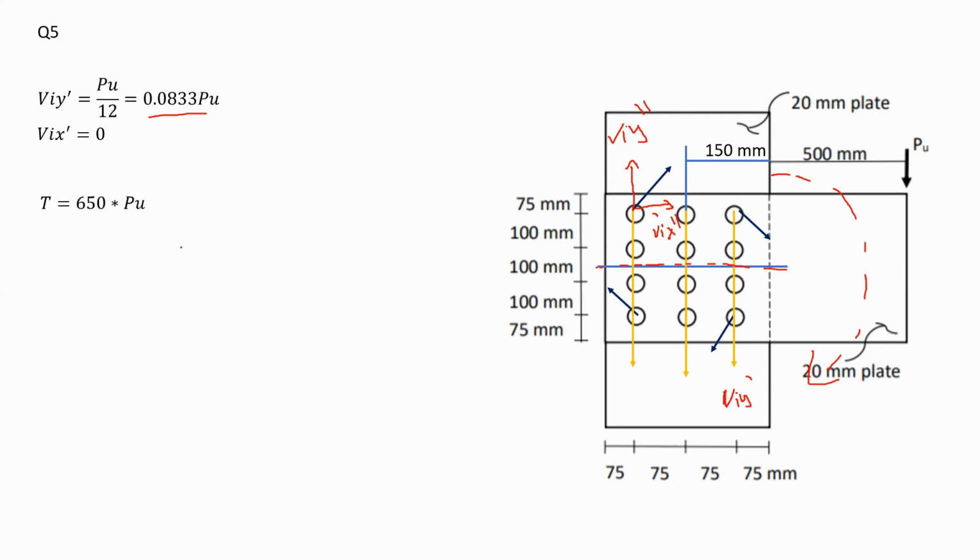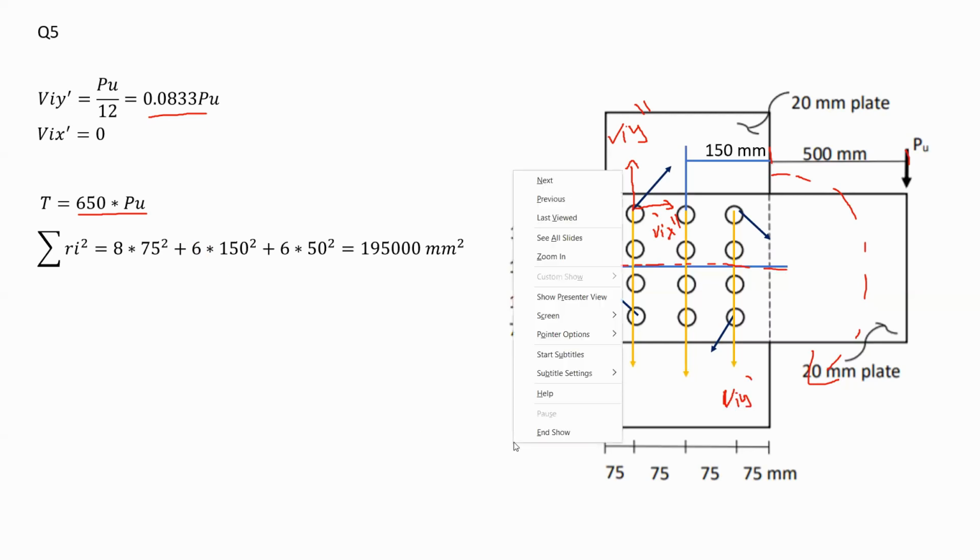T is equal to PU multiplied by the distance between the force and the centroid of the group of bolts. The centroid is 150 millimeters away from this edge, plus 500 millimeters to the force. That's why it's 650, multiplied by P. So that's your torsion.